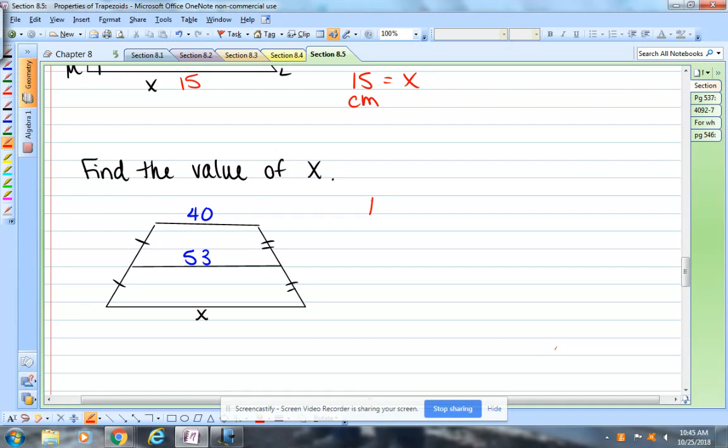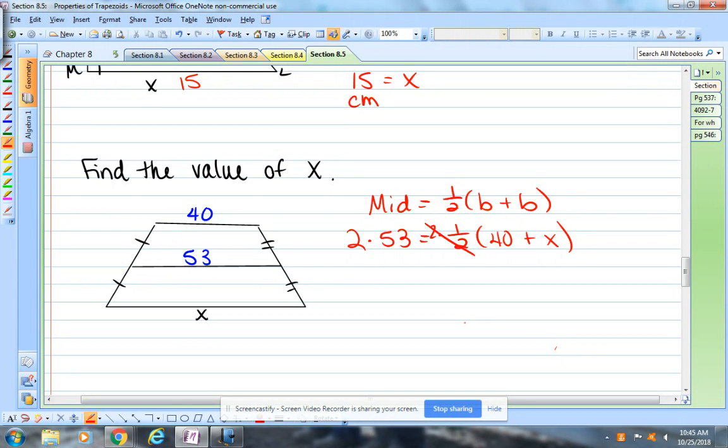So remember, it's mid-segment equals 1/2 of base plus base. So the mid-segment here is what? 53 equals 1/2 of 40 plus x. How do I get rid of 1/2? Which is 2 on both sides.